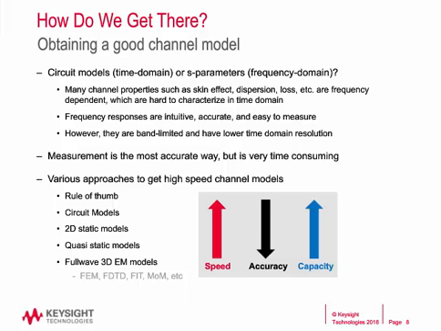And also, you can use the full-wave 3D EM models, which include everything in Maxwell's equations, where each one has its own pros and cons. Engineers have to make the right choice based on their applications and needs while considering speed, accuracy, and capacity aspects of the model.